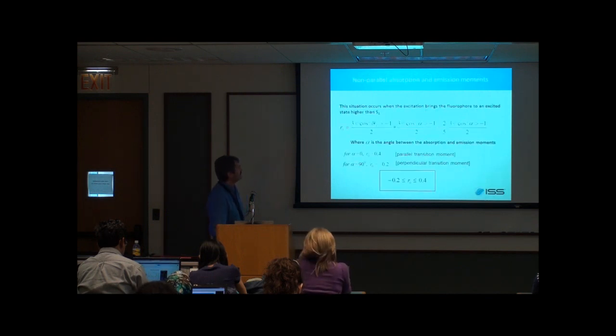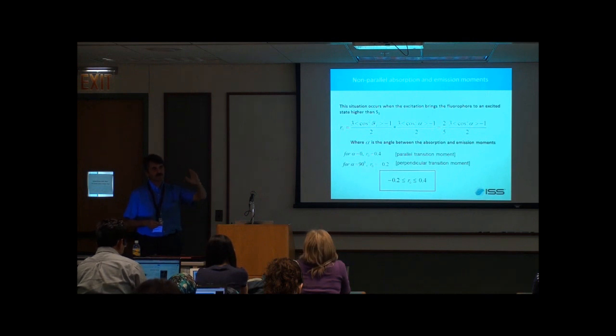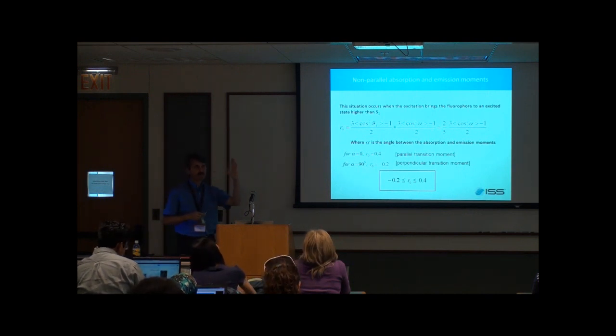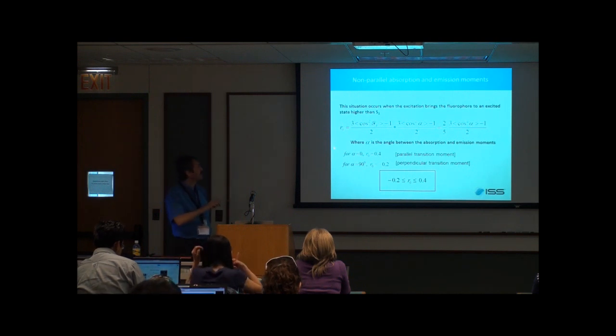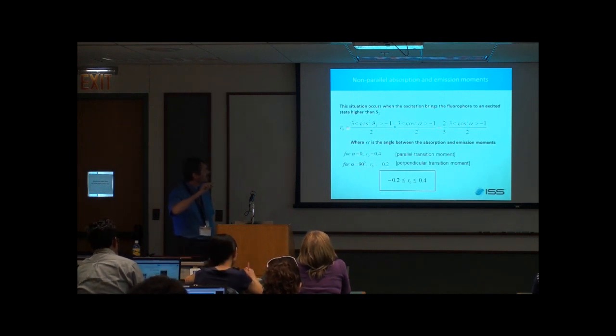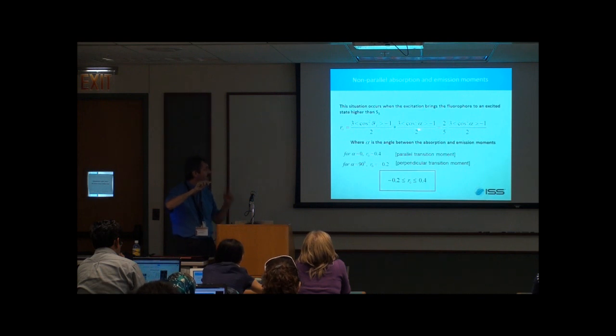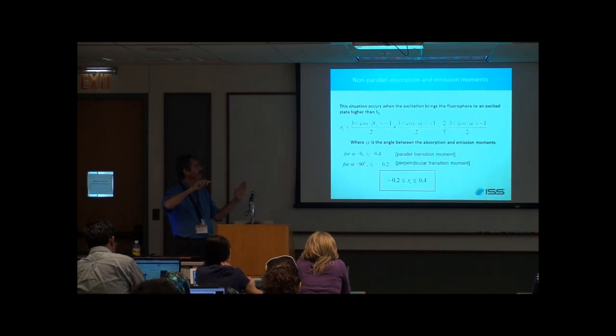Now, what happens if the moments of absorption and emission are not parallel, but make an angle, alpha, between the two of them? The fundamental anisotropy, R0, has a term that is similar to what we found before, and a second term that has the same shape, but with the angle between the two moments.